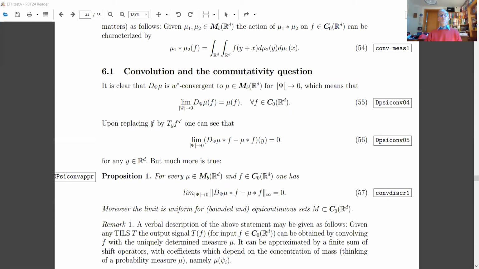As I said, you can apply this pointwise, and then you see that the convolution of the discrete measure minus the convolution of the measure mu will go to 0 for every point. So this statement says, you're giving me the f, the measure, and the point where you want to control it, and then I can tell you how fine you have to do the job. Now there is some easy compactness argument.